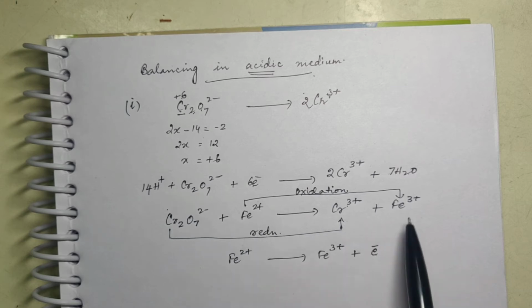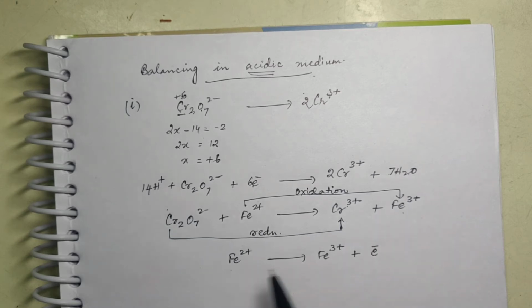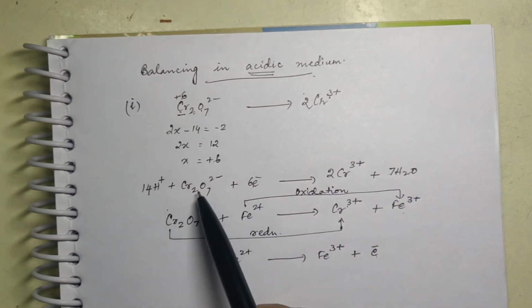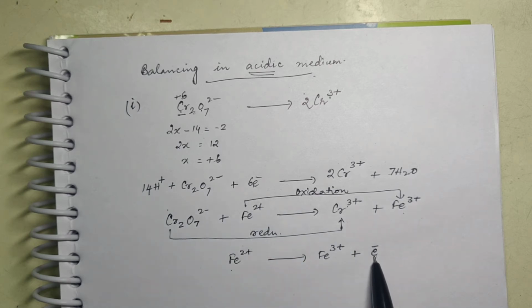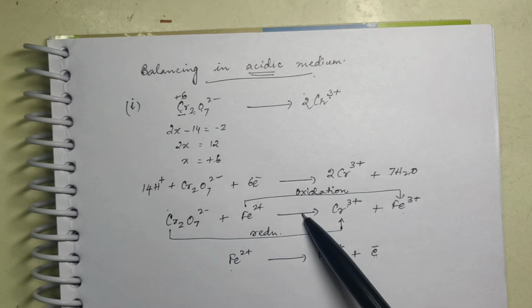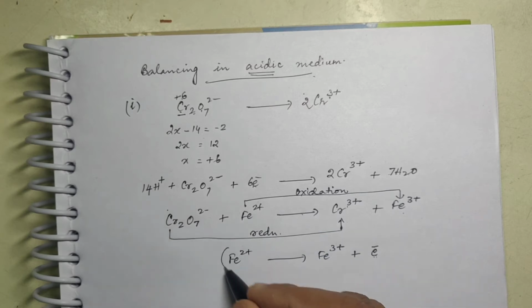Now here 3 plus is greater than 2 plus. So the electron goes to product side. Okay, you have to remember this. Now how many electrons you added to balance the Cr2O7? You added 6. Now here how many you are adding? You are adding only 1. Now if you want to balance this equation, what do you have to do? You have to multiply this by 6.